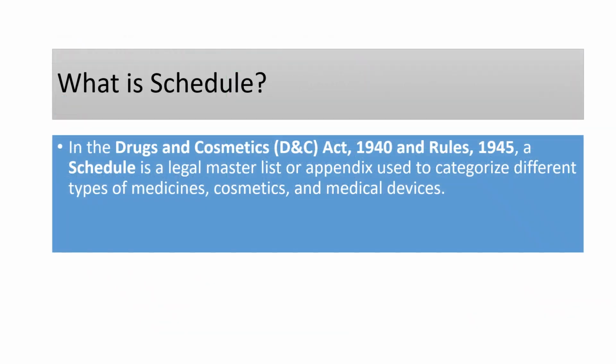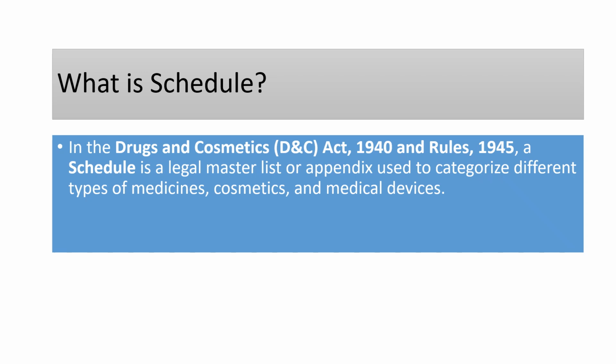So what is the schedule in the Drug and Cosmetic Act? In the Drug and Cosmetic Act and Rules 1945, the schedule is a legal master list and appendix that categorizes different types of medicines, cosmetics and medical devices.